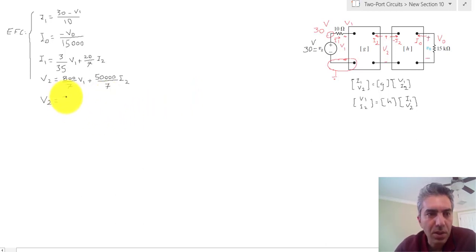So H11 is 5,000 times minus I2 plus H12, which actually happens to be minus 0.2, so minus 0.2 times the voltage of port 2, which is V out.